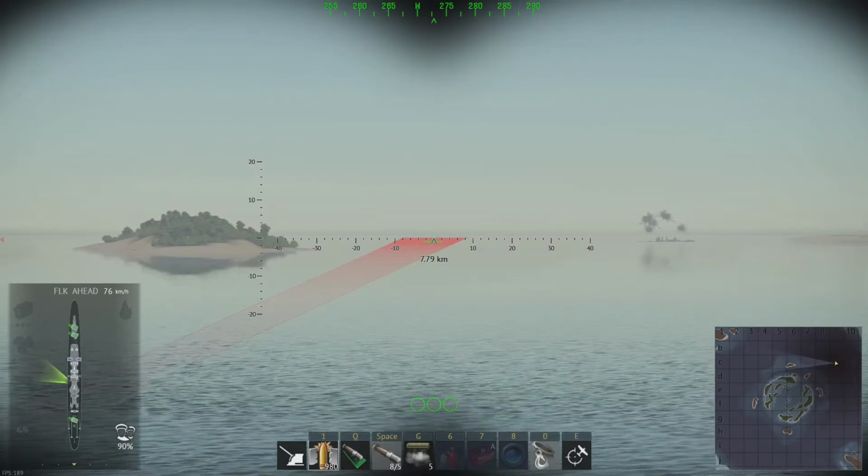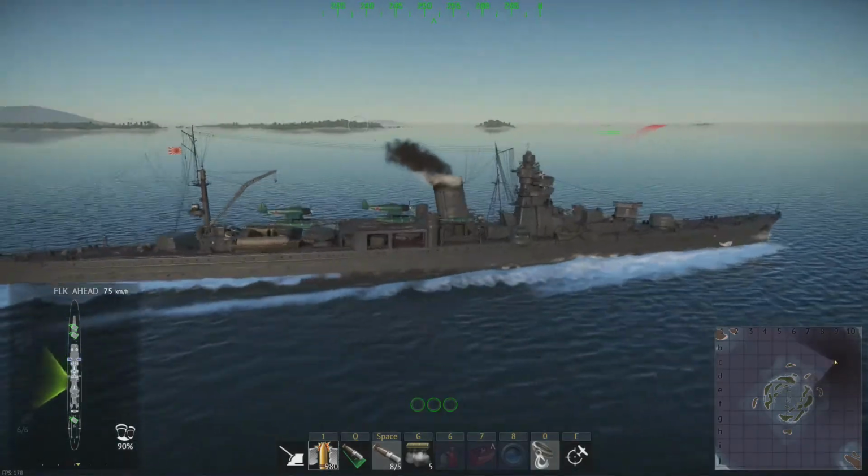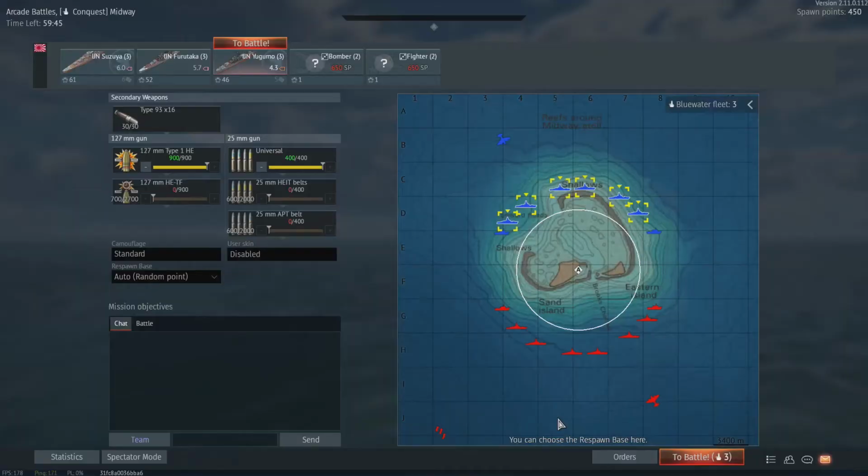That's 91 kilometers an hour. Okay, but anyways, it got hit. So these ships were stationary, so we didn't have to compensate. So let's play the next.